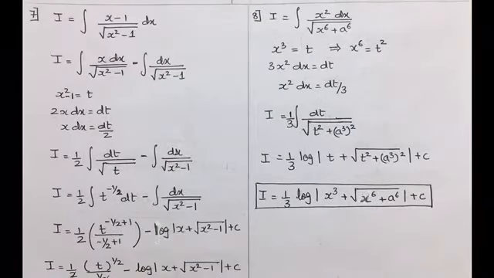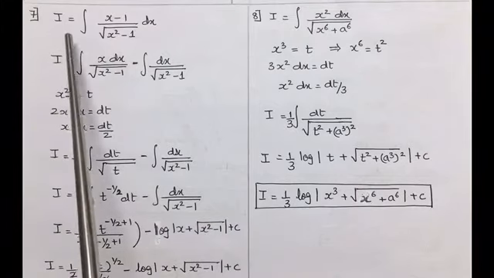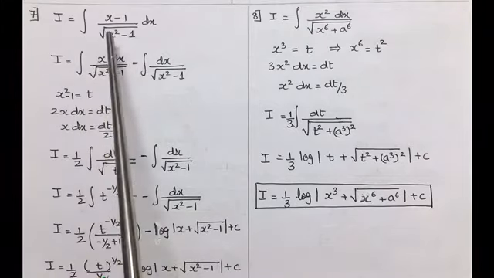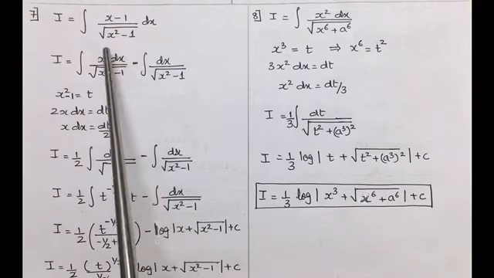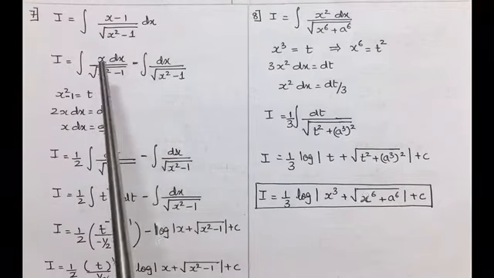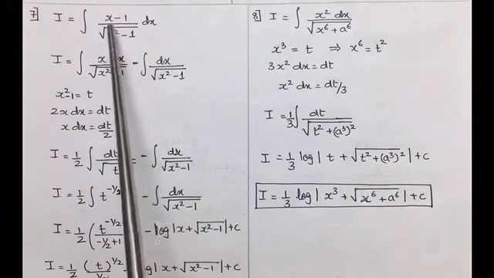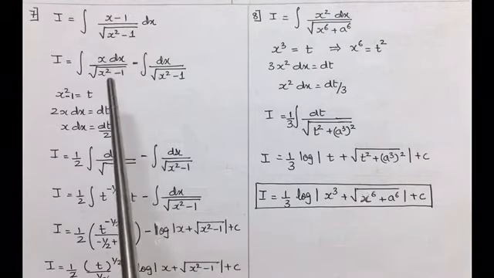Seventh one, given as I is equal to integration x minus 1 upon under root x square minus 1 dx. Now here upside only x is not there. It is x minus 1 given.